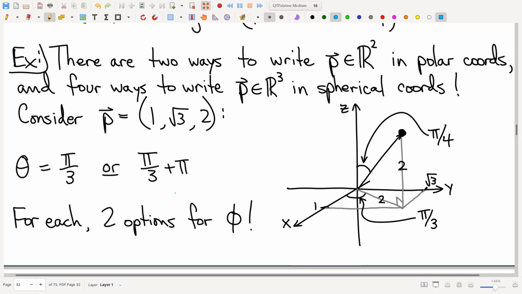Yes? So for all ways you have to get to that one point. Yeah, these are all different ways to get to the exact same point. We're describing this same point, with these rectangular coordinates, and there's bunches of ways to do it in spherical coordinates. All right, so this is the non-uniqueness.